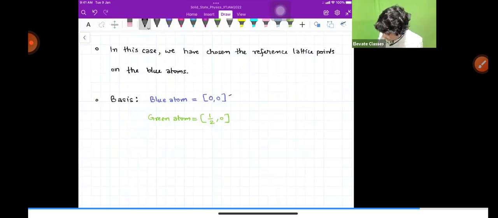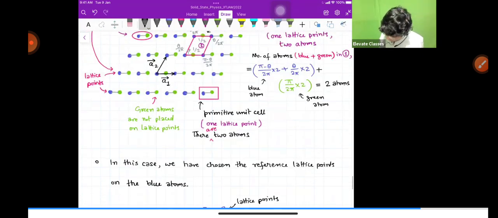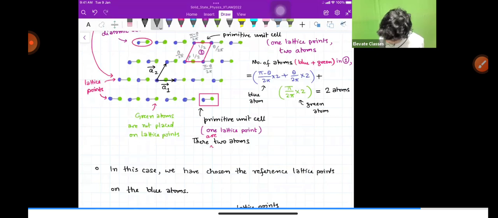Okay, these are the lattice points. All right, so you can see from the diagram, if this is 0, 0, so this is the starting point, the green atom here will have 0.5, 0.